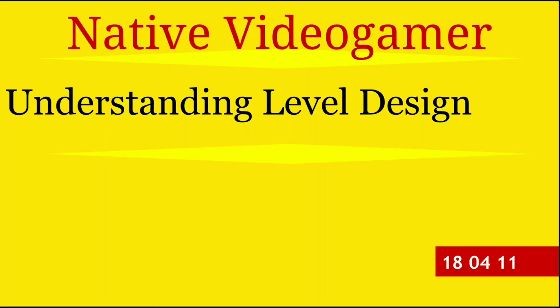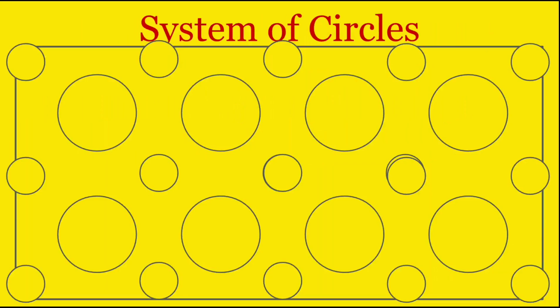Let's start off with a little complex here. Pretend you're looking top down at this, and this is a map. And you place someone at any corner and then have a goal at another corner. This person will have to go through multiple areas to get to where he needs to go. And while he's passing by there, each one of these circles would be some interesting thing for him to look at.